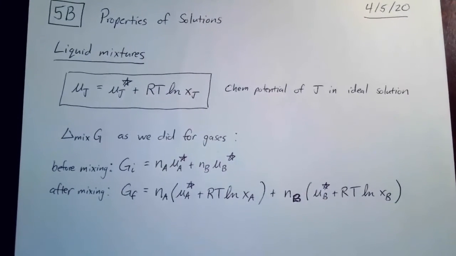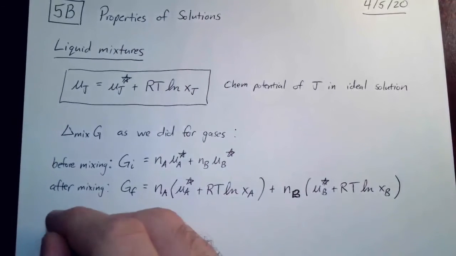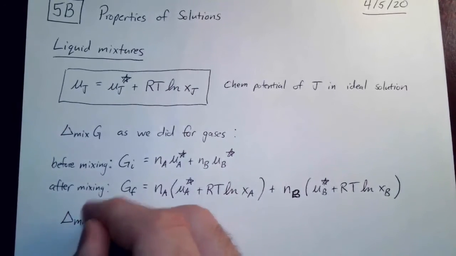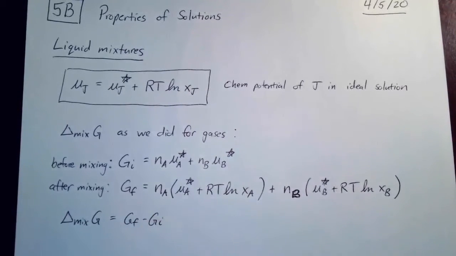Okay, and now we're going to take the difference. This is exactly what we did for gases. So now the delta G, G final minus G initial, and we can see that G final has an nA mu A star term and an nB mu B star term.